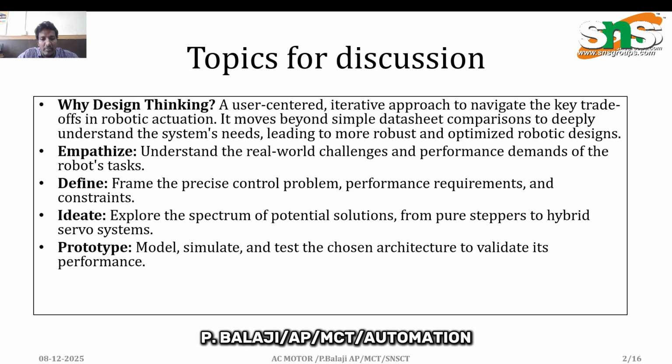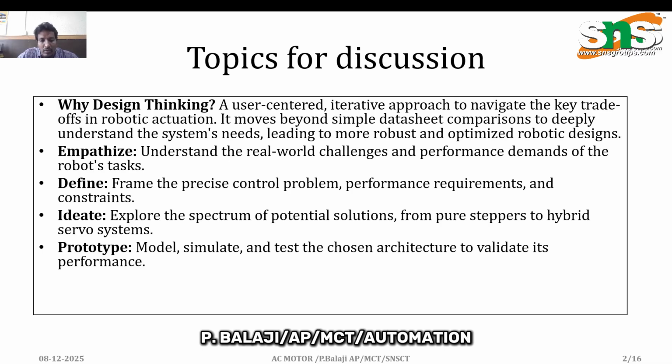We are going to discuss this topic using the design thinking approach. It is a user-centered and interactive approach that helps navigate the trade-offs of robotics applications instead of just comparing data sheets. Design thinking helps us deeply understand what the system actually needs.